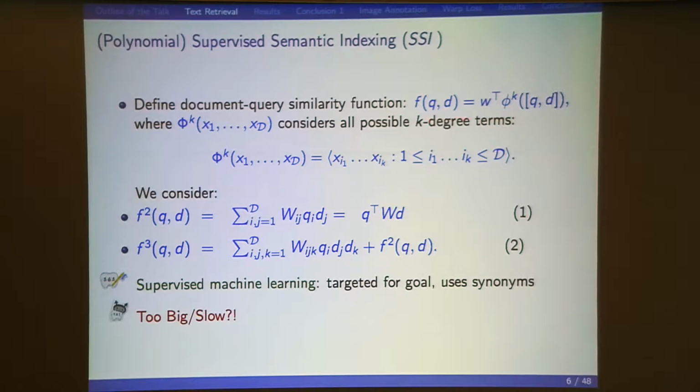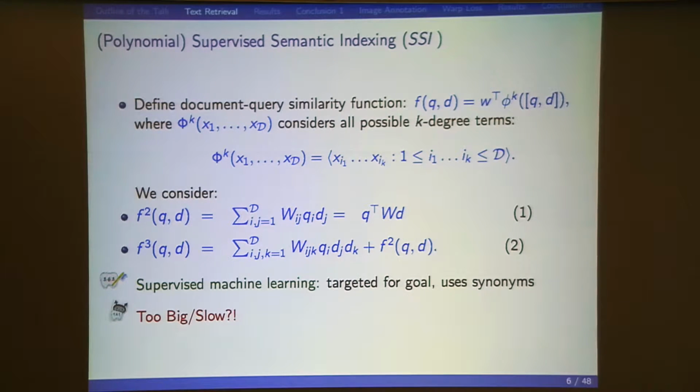We're going to make a score between the query and document of this form. So we're going to have this mapping function phi k, which considers all possible k degree terms, so like polynomial terms between query and document words.